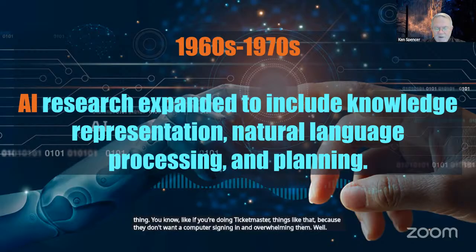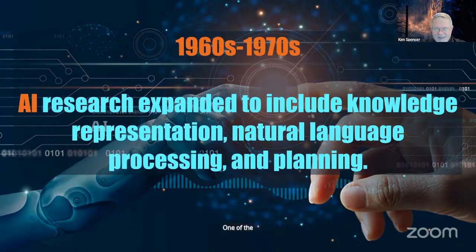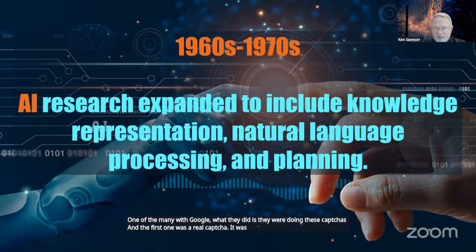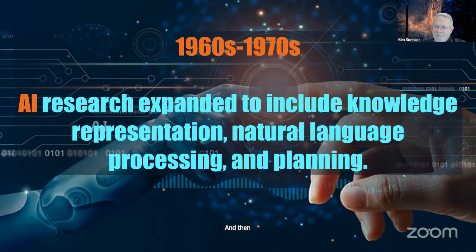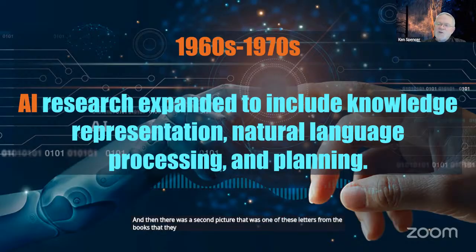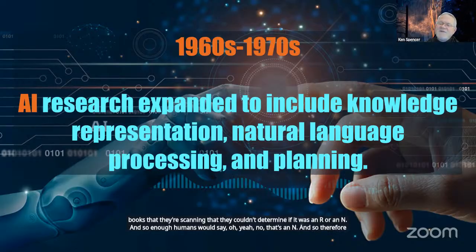Well, with Google, what they did is they were doing these CAPTCHAs, and the first one was a real CAPTCHA. It was just a couple printed letters like ACE or something like that. Then there was a second picture that was one of these letters from the books they were scanning that they couldn't determine if it was an R or an N. Enough humans would say, oh, yeah, that's an N, and that would go back to the book they scanned.